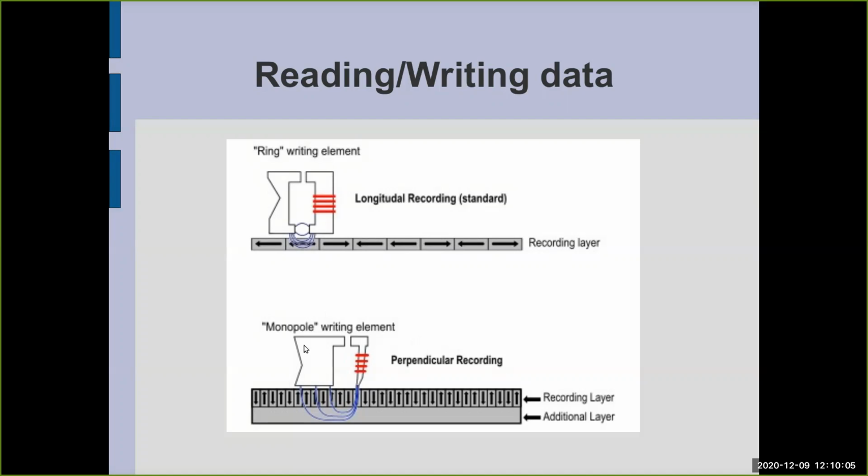So it was solved using a head which consists of two poles. One pole is very sharp, and the second pole is wider. So the magnetic stream density here is lower than the switching threshold, so it doesn't affect the domain here. But here the density is higher, so only this domain will be affected.